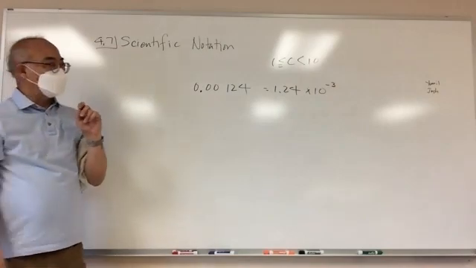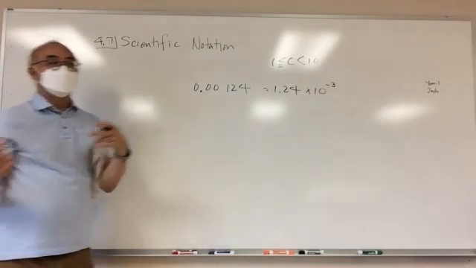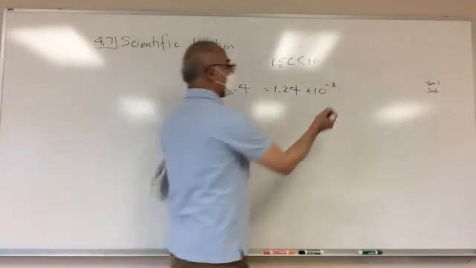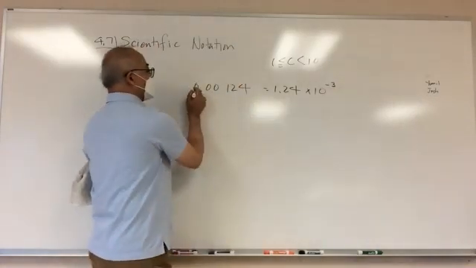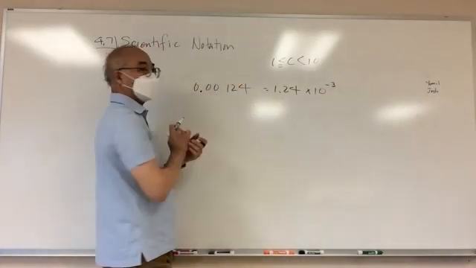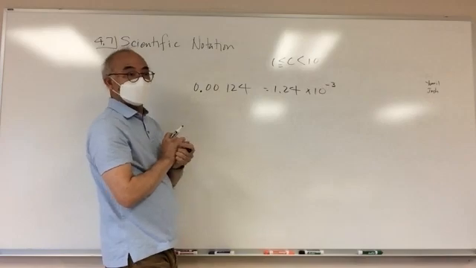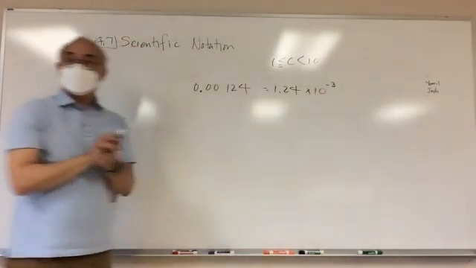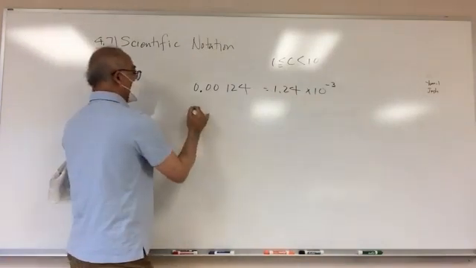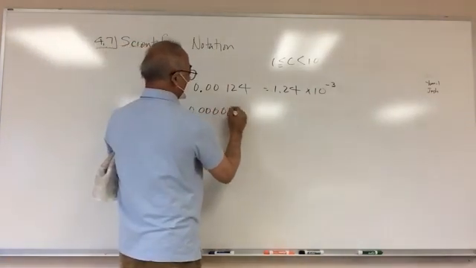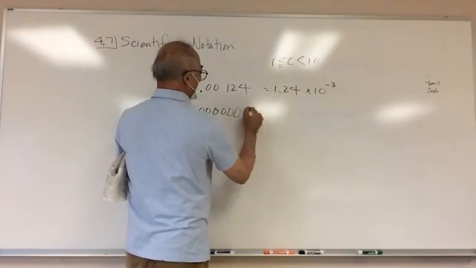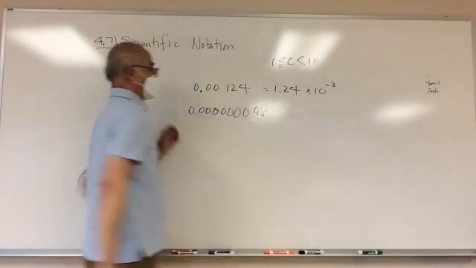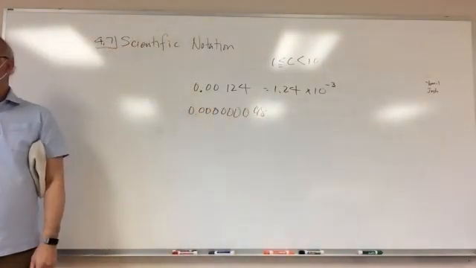Okay? Which also, luckily for you guys, happens to be the number of zeros. 1, 2, 3. So you can kind of do that too. You can count the number of zeros and put it up here, which comes into play with a number like this, right?